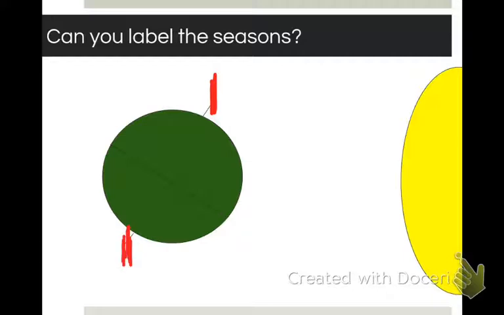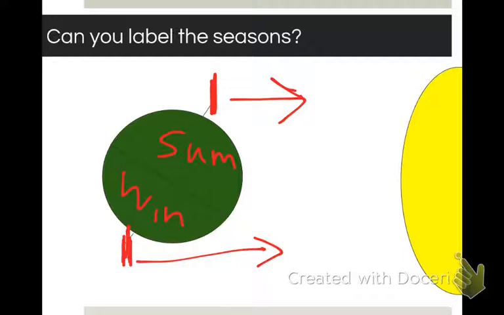Whichever finger is more towards the sun, in this case it's right over here, that's more towards the sun. This one's more away from the sun. So because this is more towards the sun, this is going to be your summer, and this is winter because it is tilted away, or it's further not towards the sun. I don't know how else you'd say it. So there's your answers for that.